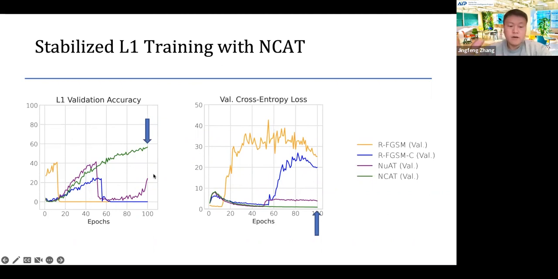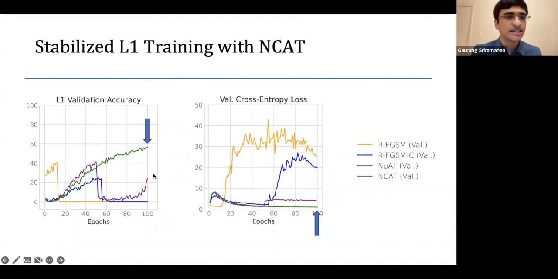Then the follow up question comes: would the curriculum learning help in single step L-infinity adversarial training, like the fast adversarial training? This is the very first method. So we do essentially observe even on L-infinity that say for 8/255, you may not quite need the curriculum schedule.